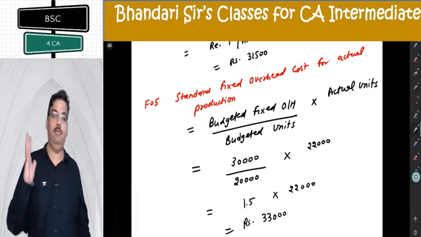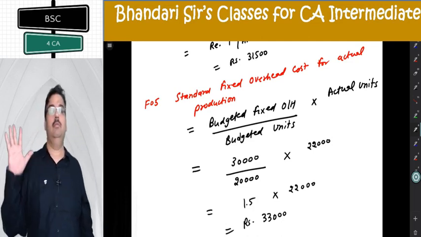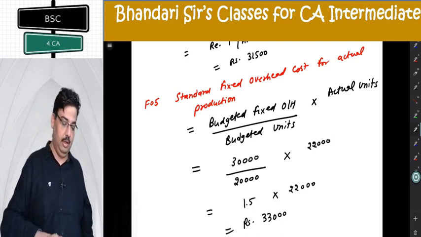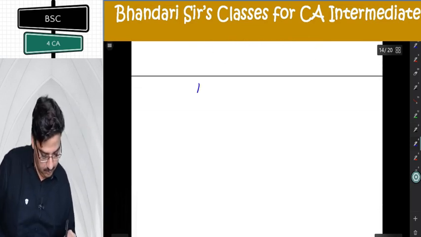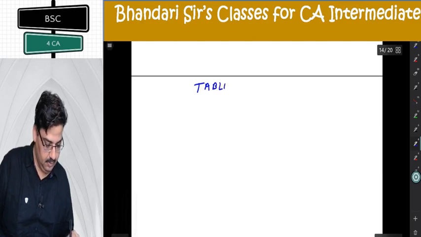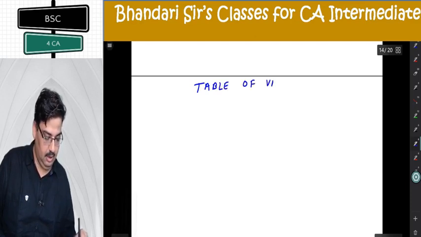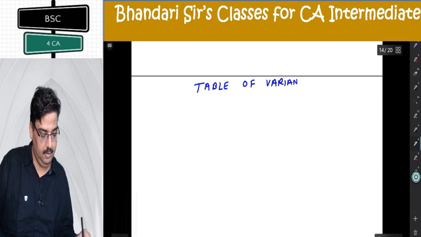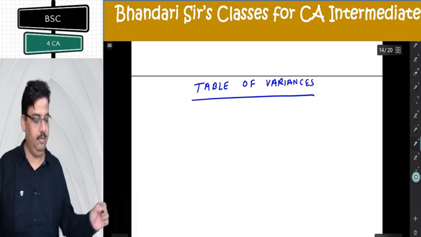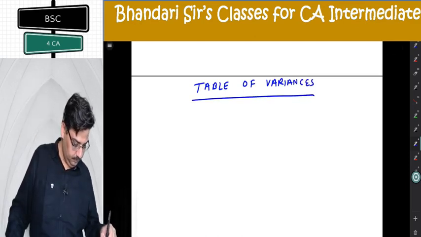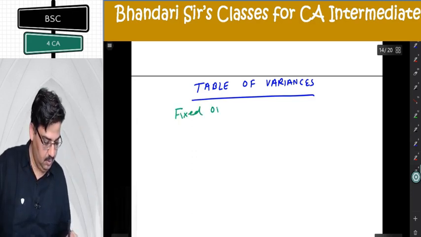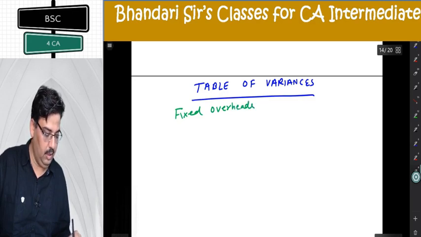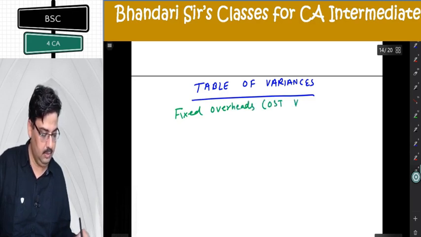This is FO5. Last thing for the day, making the table of variances. Fixed overheads cost variance.